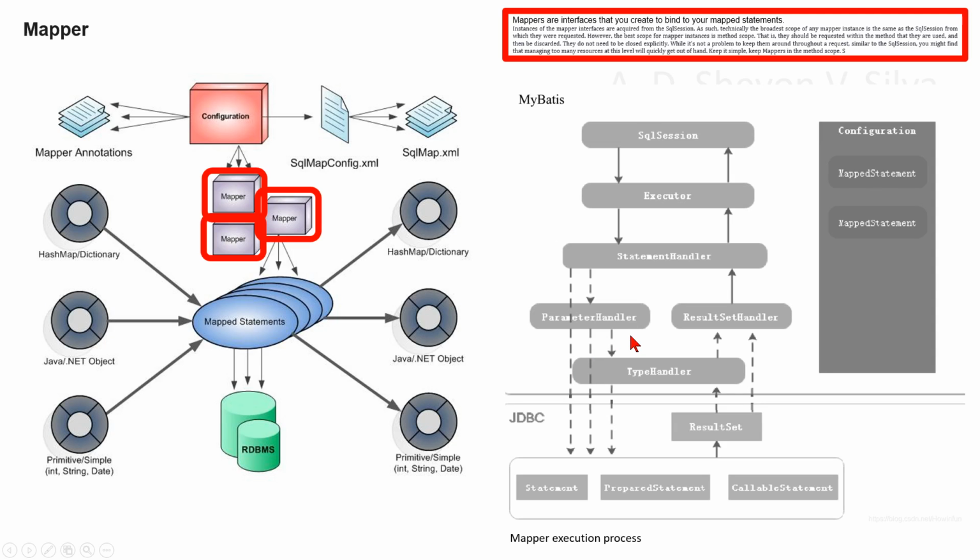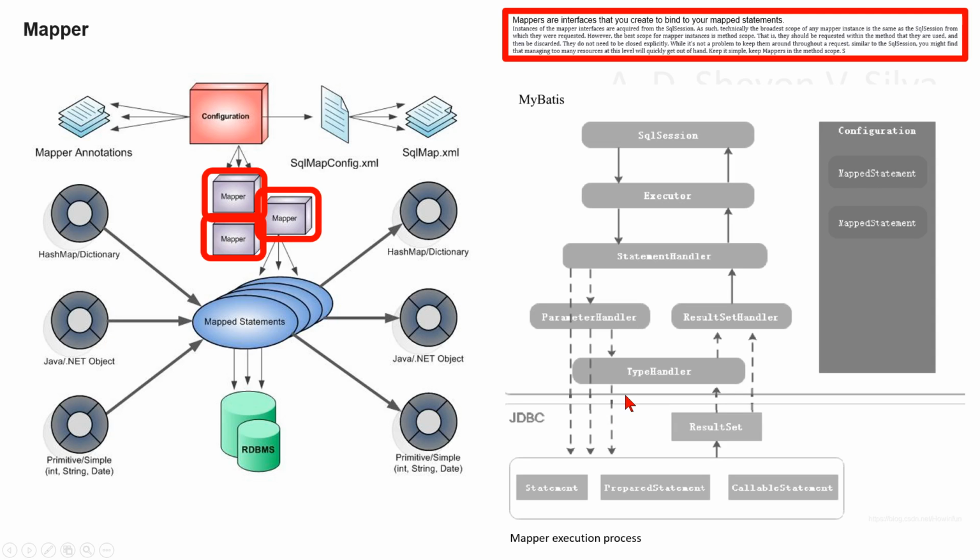The parameter handler component will find the corresponding type handler object according to the Java type, and the type handler will set the value for the parameter placeholder in the statement object through the set xxx method, such as the set string method provided by the statement object.